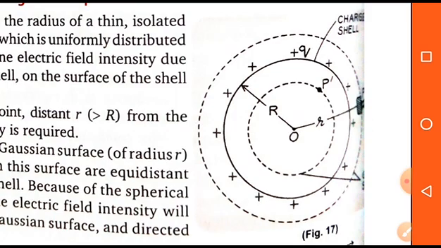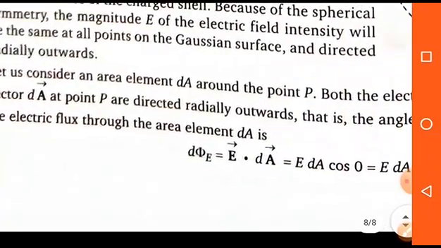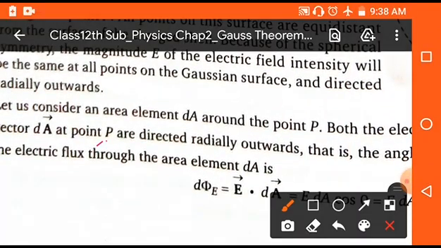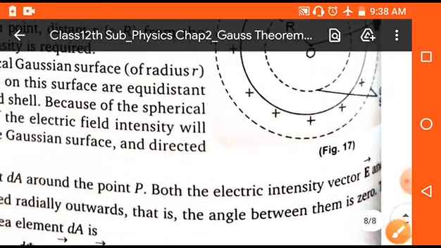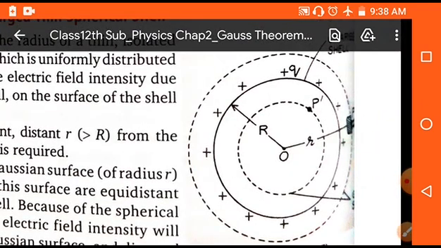So when we take point P on the surface, then the electric field will be E is equal to 1 upon 4 pi epsilon naught Q upon capital R square. And in the same way, when we take a point P outside the surface, then capital R is replaced by small r, because small r is the distance of the outside point and capital R is the radius of the shell.